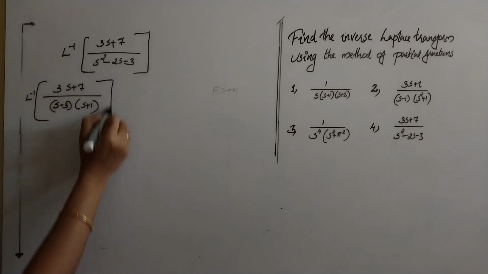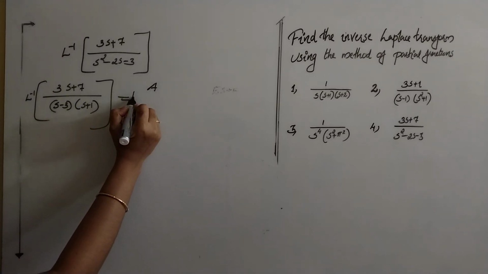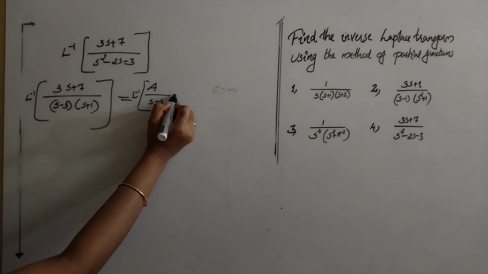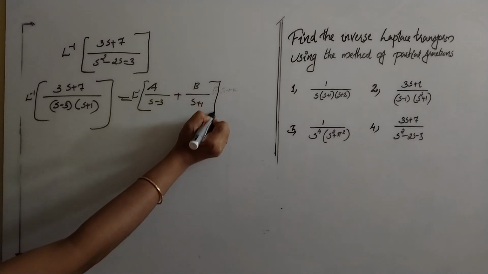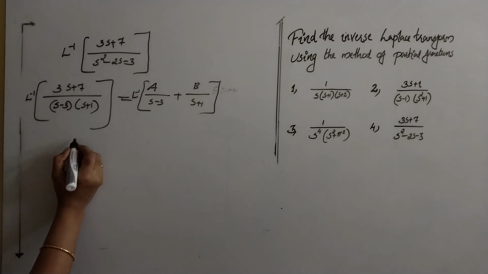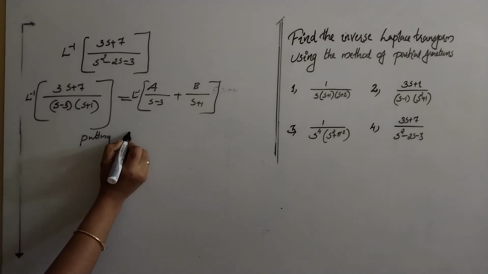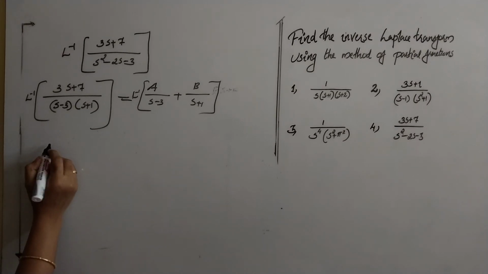Now L inverse of this term is what? A divided by s minus 3 plus b divided by s plus 1. Now before putting s equal to a value, just equate the numerator.